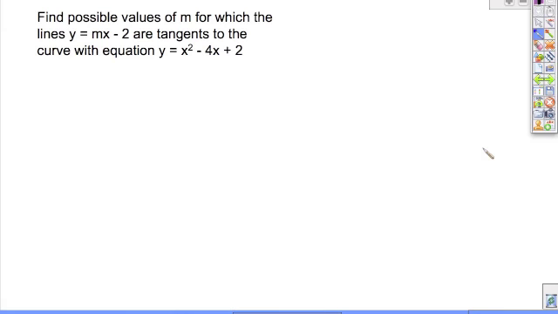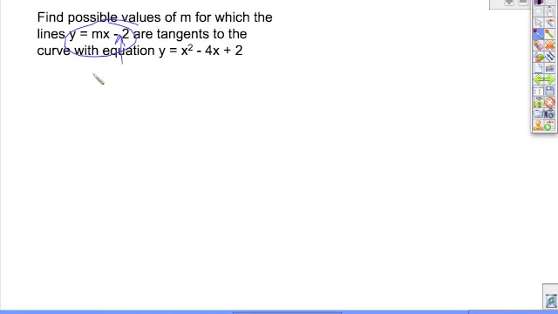The last problem, we want to know what slopes we can have for lines tangent to y equals x squared minus 4x plus 2, given that the y-intercept is negative 2.